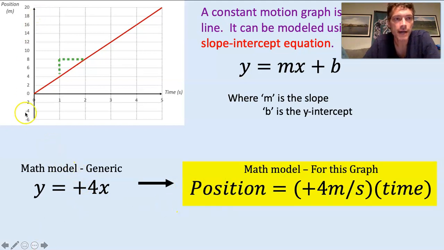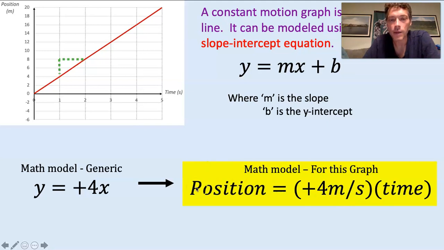Well, we know on this graph that the y-axis is position. So instead of writing y, I write position. We know that the x-axis is time. So instead of writing x, I write time. Also for the slope, instead of writing a number with no units, I'm going to write units with it, meters per second, because that slope has a physical meaning.